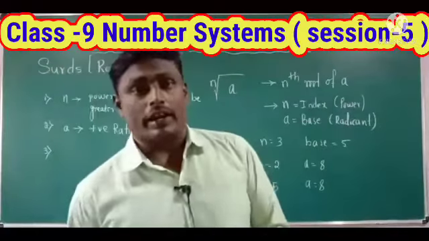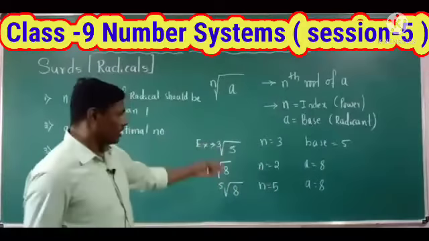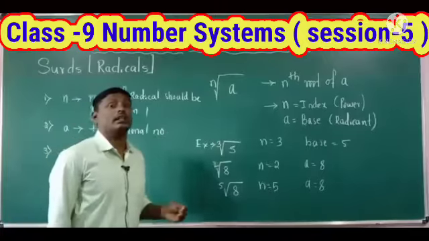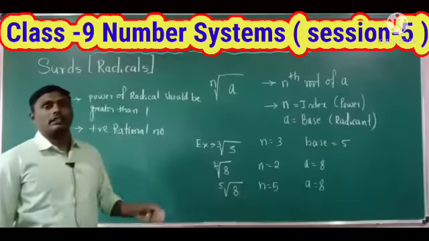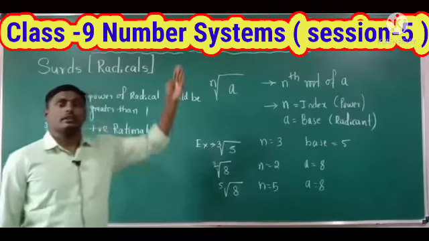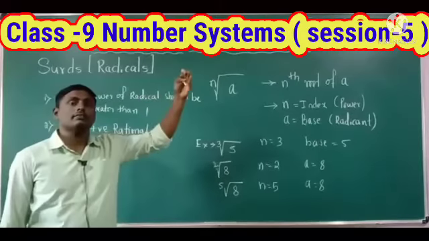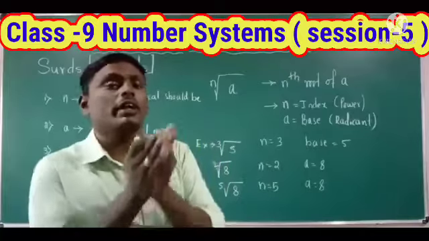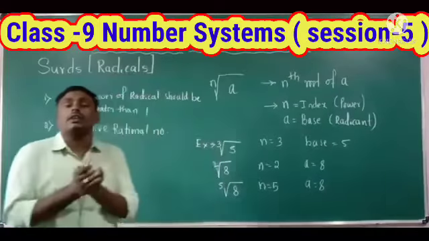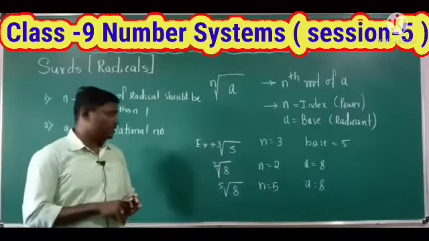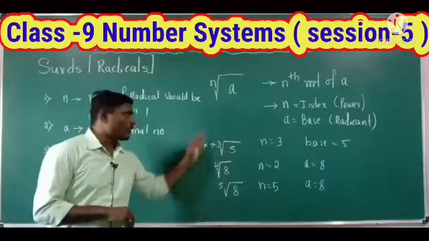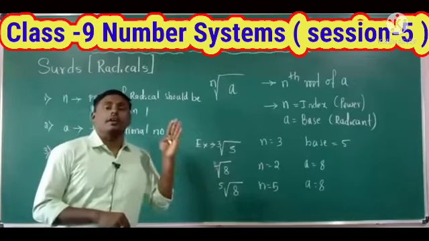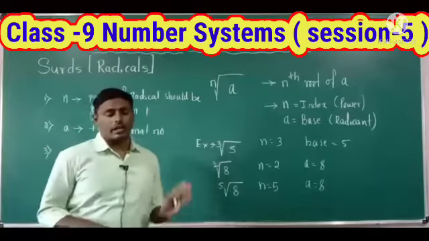We already discussed terminating, non-terminating and non-recurring in the previous classes on rational and irrational numbers, right? So once we find the values of these, they are purely non-terminating and non-recurring numbers.